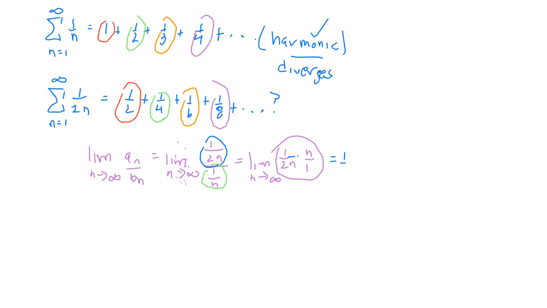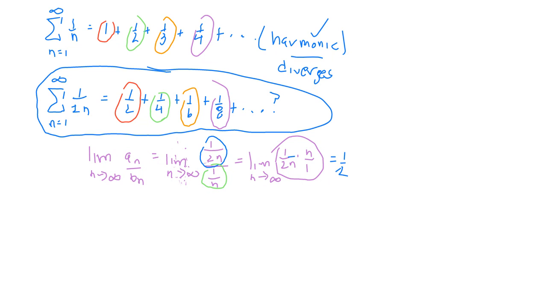A half. That's right. So the terms of the second series are proportional to the terms of the first series. And in fact, it's a half. We can see that the terms of the second series are half as large as the terms of the first series. Now, that doesn't have to be the case.